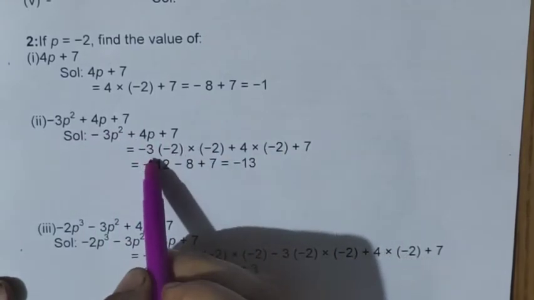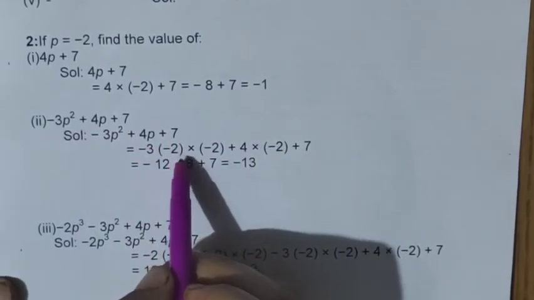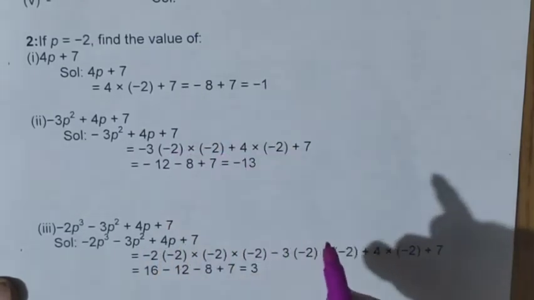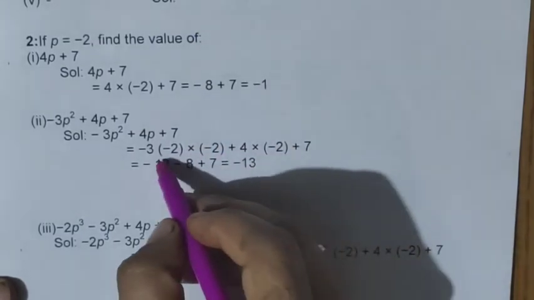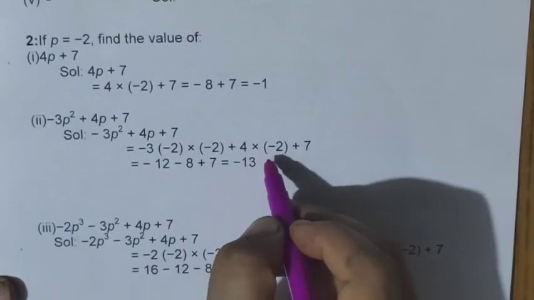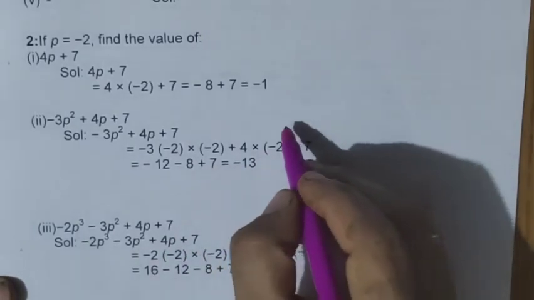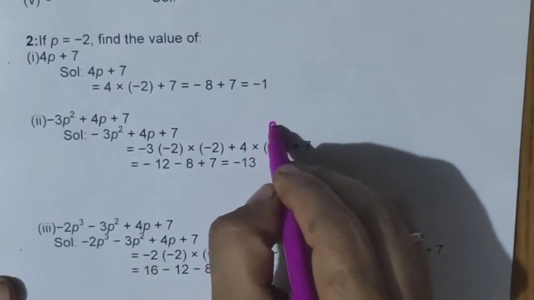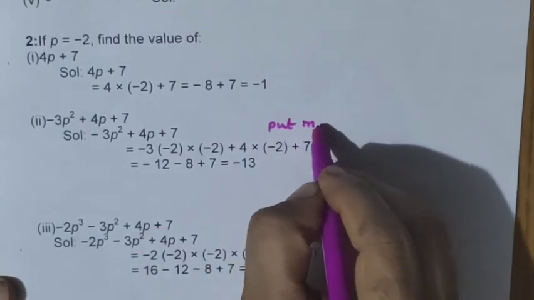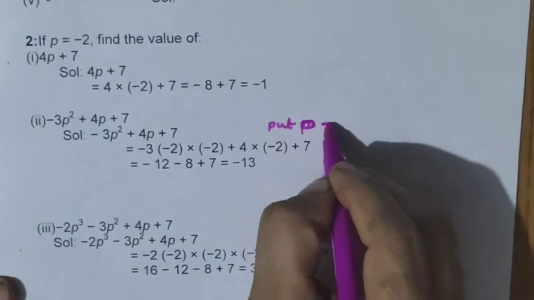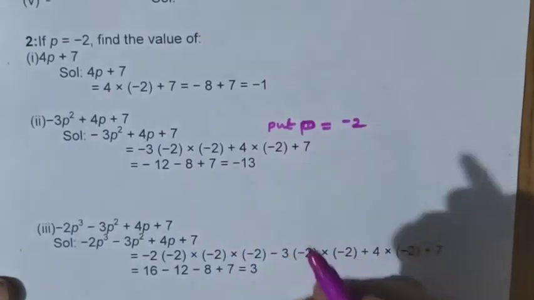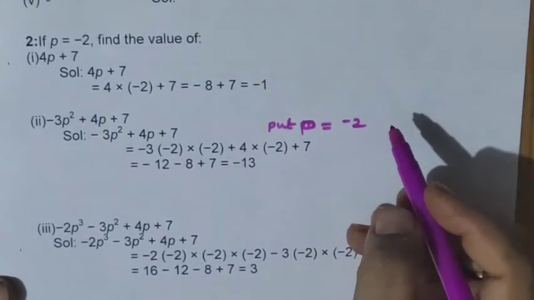So we will write minus 3 into minus 2 square. That means minus 2 into minus 2, they have written. Otherwise, minus 3 into minus 2 square, we can write, then 4 into minus 2 plus 7. Simplify. Here you can write either put p equal to minus 2, or we can write when p equals minus 2.